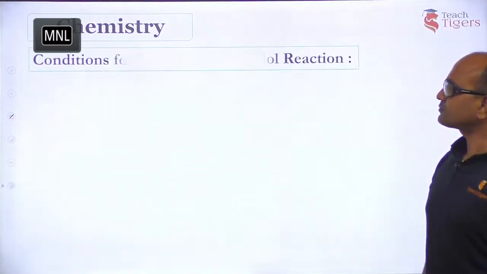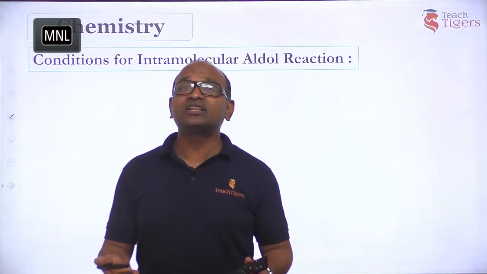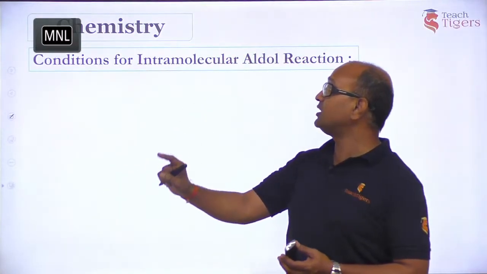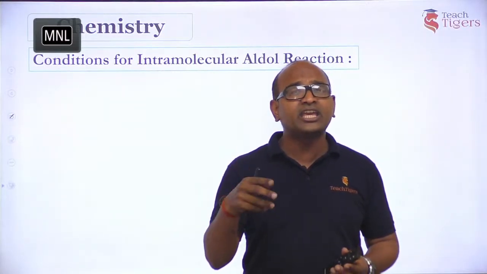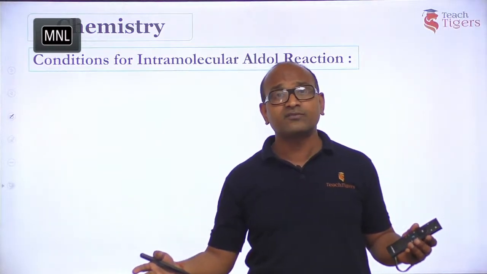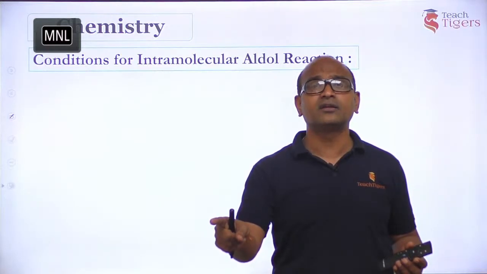Let's check it out. Guys, what are the conditions? How do you know whether the reactant is capable of undergoing intramolecular aldol reaction? First of all, if they ask you to write the reactant of a particular product, check if the product is a beta hydroxy aldehyde, right?